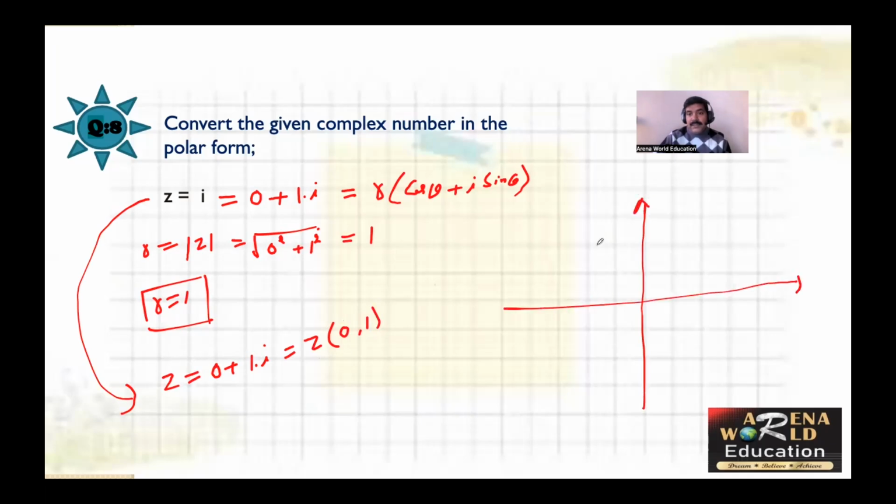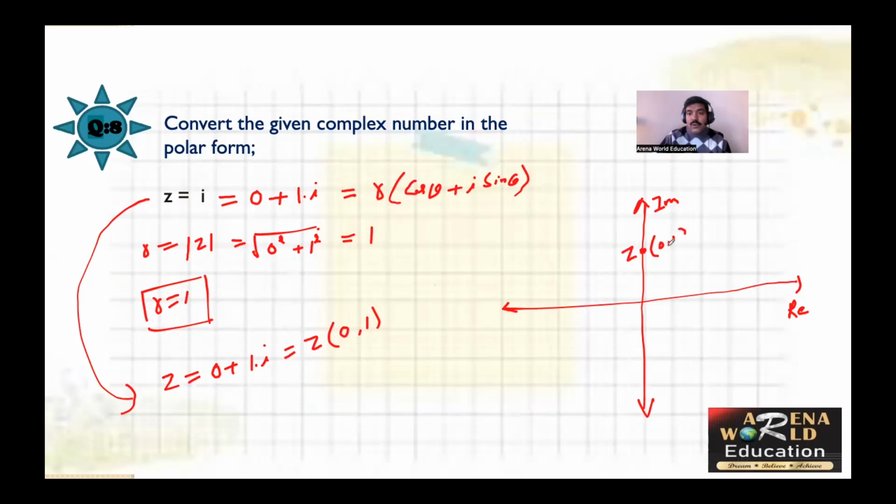What is the next step? We will make the Argand plane. So this is the real axis. This is the imaginary axis. Again, 0, 1 will not lie in any of the quadrants. In fact, this will be on the imaginary axis, on the positive side, 0, 1. Right? So roughly Z will be here.